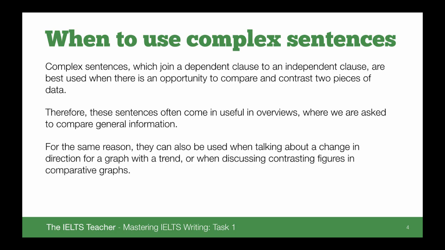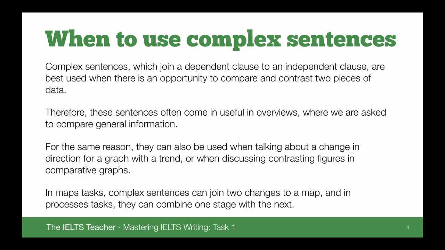For the same reason, they can also be used when talking about a change in direction for a graph with a trend, or when discussing contrasting figures in comparative graphs. In maps tasks, complex sentences can join two changes to a map, and in processes tasks, they can combine one stage with the next stage.